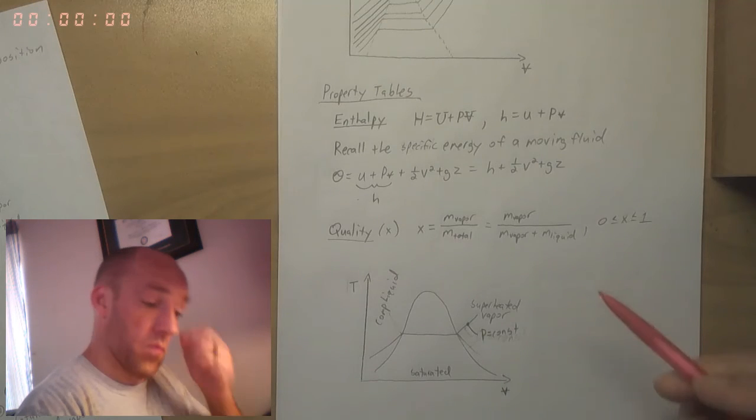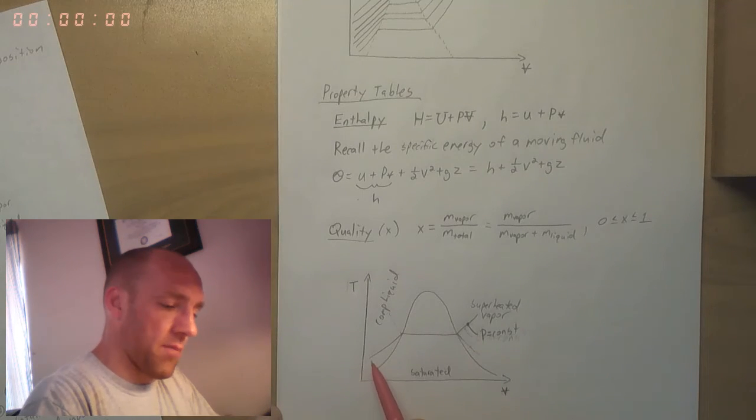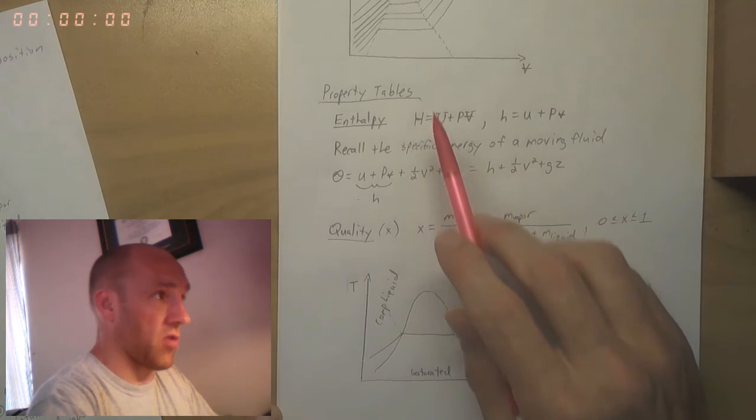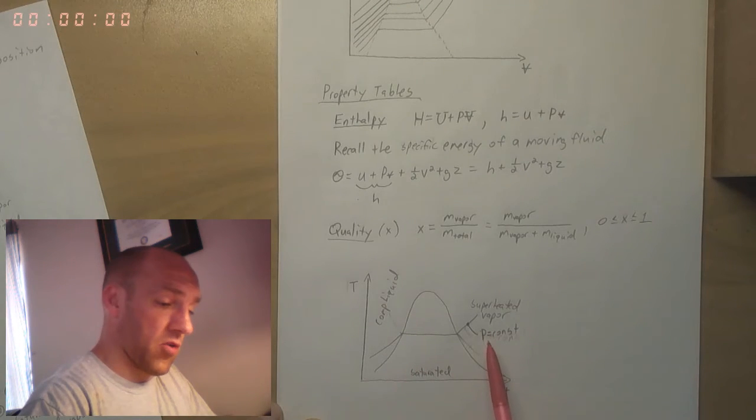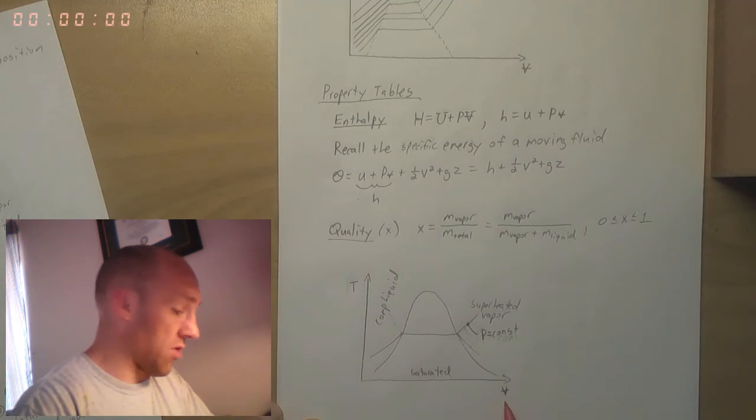So, okay, if I plot that same process that we've been discussing so far, a constant pressure process plotted versus temperature and specific volume.